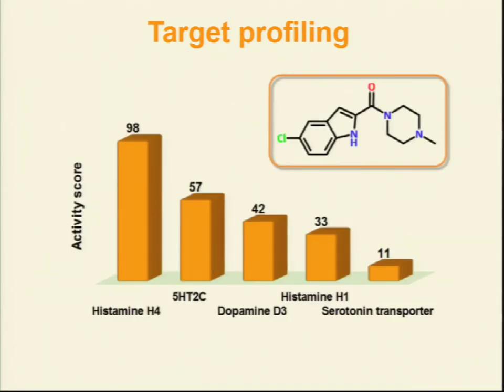And this is something you can get, for example, as results: the targets with the highest probability for these ligands being active on. Another application for this is if you have hits from phenotypic screening, for example, and you're looking for the mechanism of action, then we can do target profiling as well, suggesting the most probable targets for your compound.